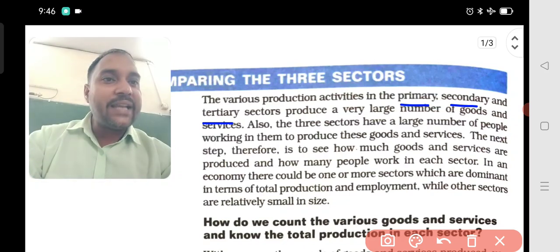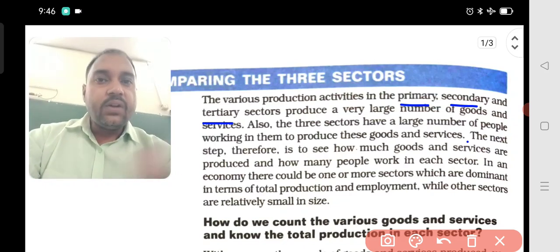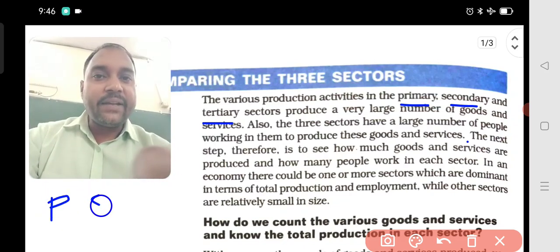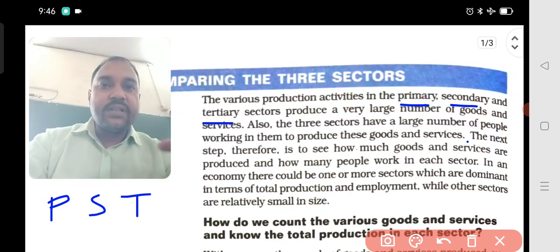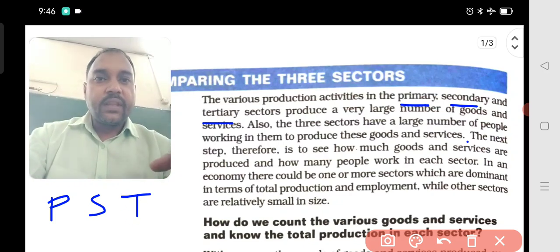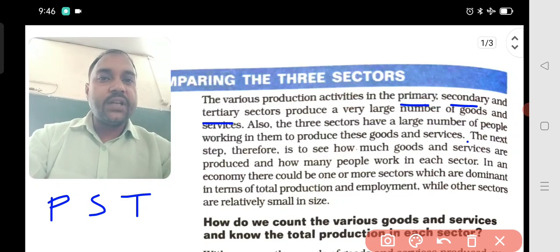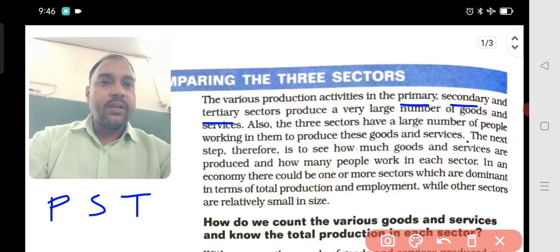All the three sectors have a large number of people working in them to produce these goods and services. Now, all three sectors, primary, secondary and tertiary sector, they can't produce goods on their own. If they have the machinery or the production area, they require human labor force, workforce or the employed person to do the task. What happened?